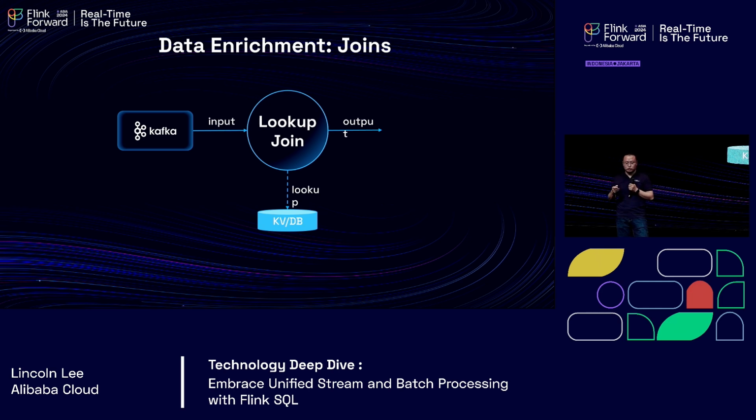Then if you have a main stream from Kafka, the lookup join can handle the Kafka input and do real-time lookups from the remote storage. And finally, after the join operation, it will output the enriched records.